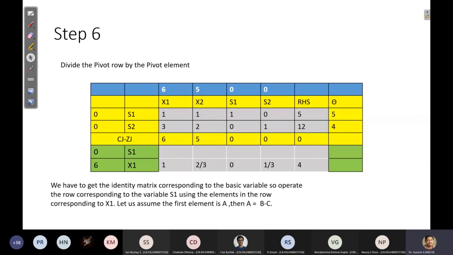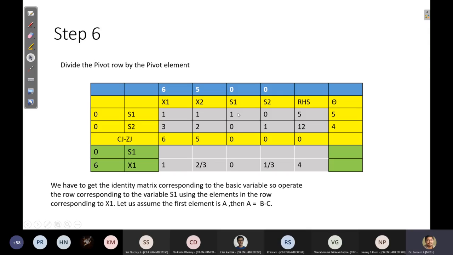Now reduce the non-key row. So it will be 1 minus 1 into 1. Here it will be 1 minus 1 into 2 by 3.